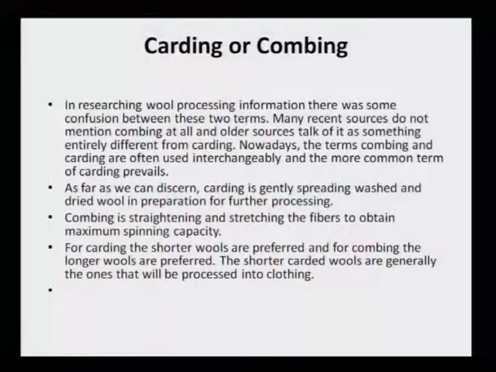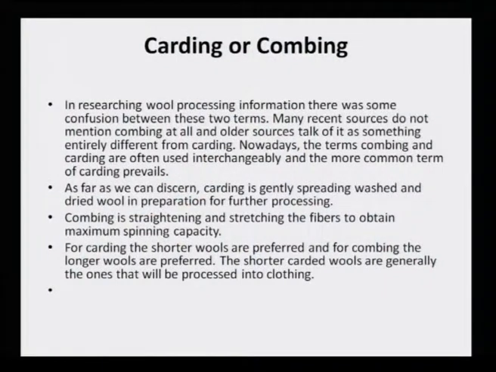Combing is straightening and stretching the fibers to obtain maximum spinning capacity, because if we straighten it out, be it any thread, it will not have any turns, and therefore the spinning will be very even. If there are turns and twists in the yarn, it will cause bad spinning.